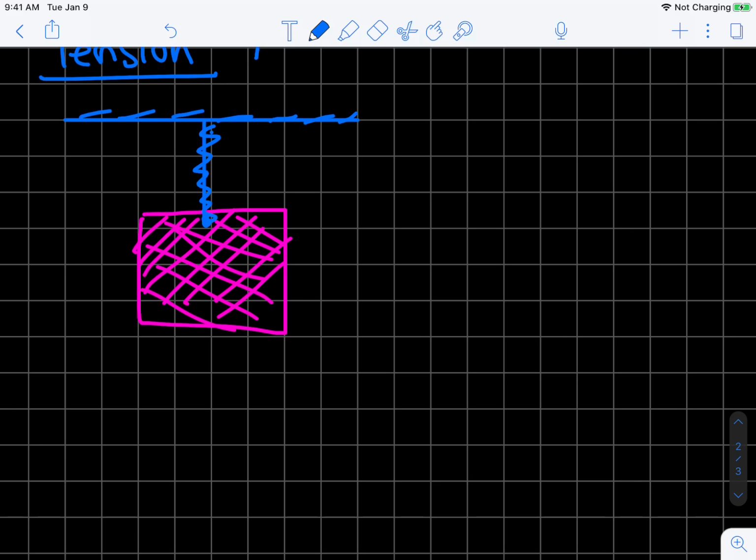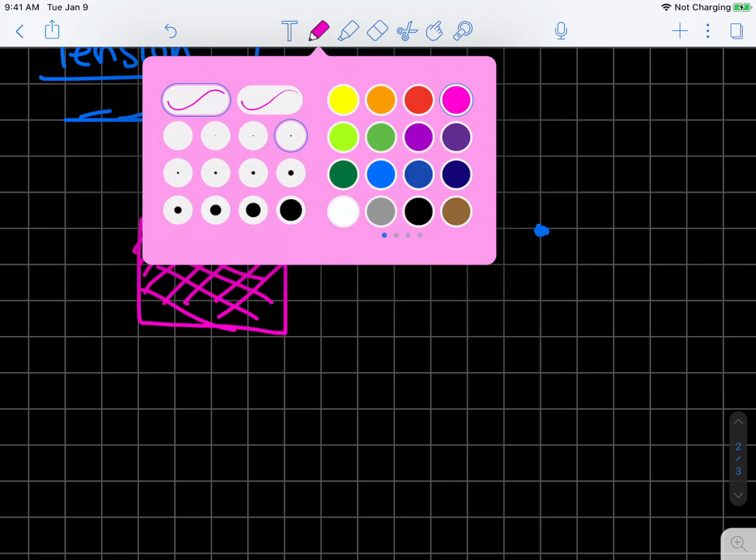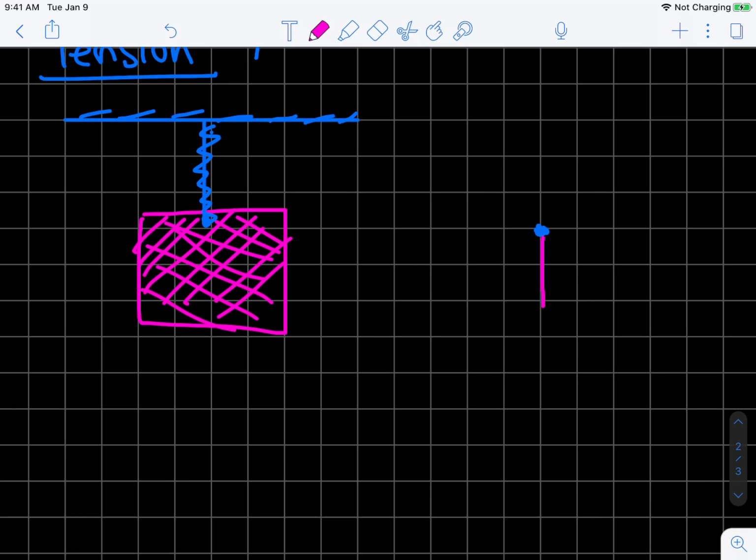So off to the side, I'm going to draw my free body diagram. So I have my mass, that's my speaker. It is hanging. It does have gravity, so it does have a weight force, so we're going to go ahead and put the weight force in.